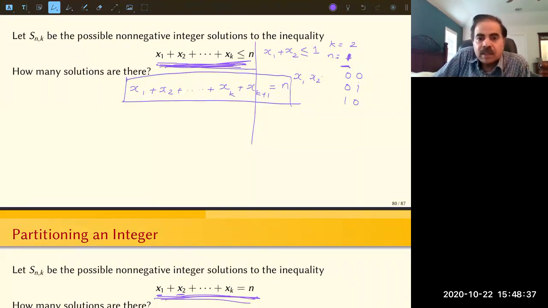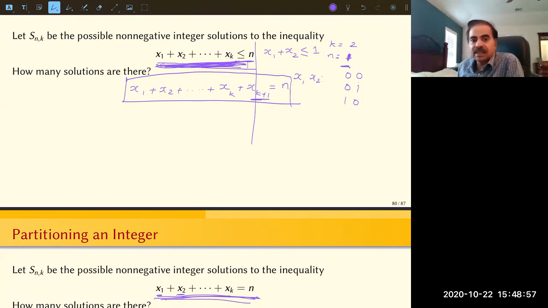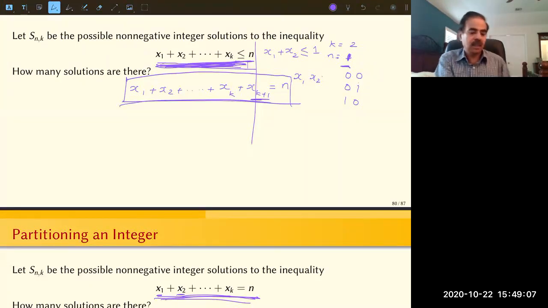These two are equivalent, because if this value is less than n, then whatever the difference between this value and n is can be captured in xk plus 1. So all we need to do is introduce that one variable. In some contexts it's called a slack variable because it picks up that difference. So we can easily map this into this, and this is the donut problem.